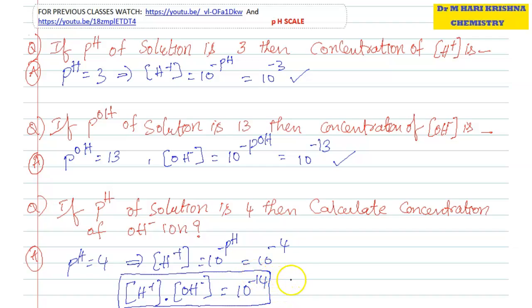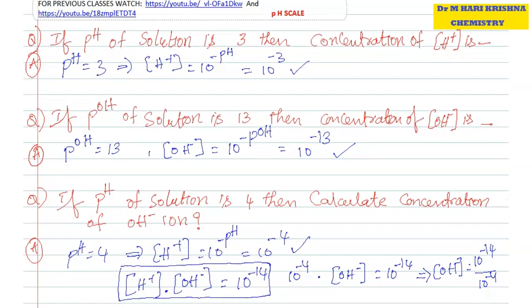So we know concentration of H plus is 10 power minus 4 into concentration of OH minus equal to 10 power minus 14. So we have concentration of H plus value, then substitute in this given formula, then we can get concentration of OH minus equal to 10 power minus 14 by 10 power minus 4.